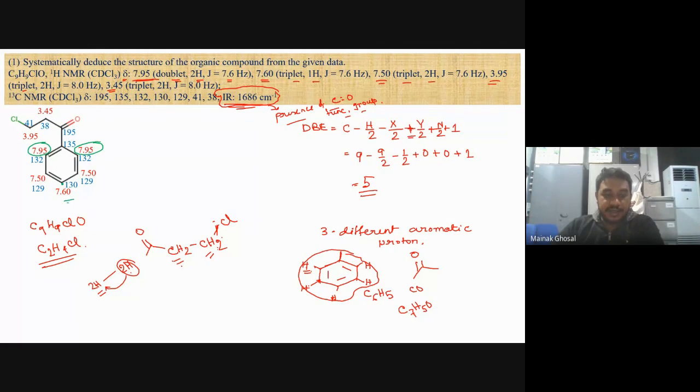And I also see the 7.60 is one hydrogen triplet. That is nothing but the para, and this meta will be 7.50, as I have told you. The meta will be much less deshielded, so it will be 7.5.